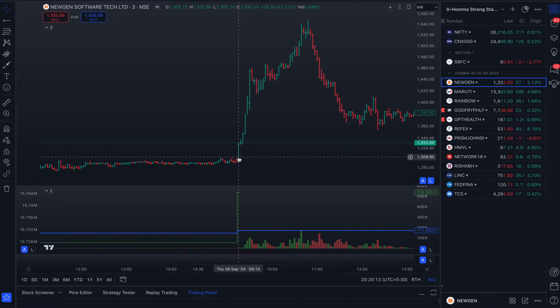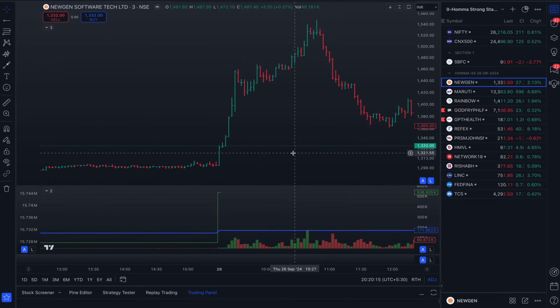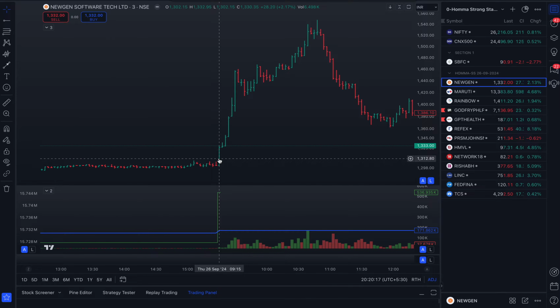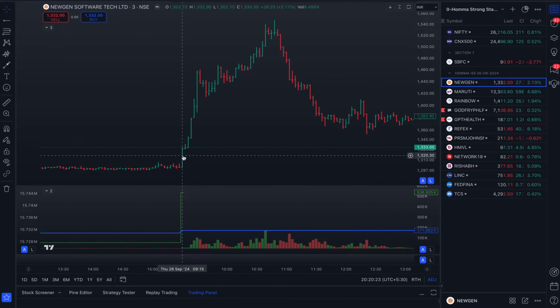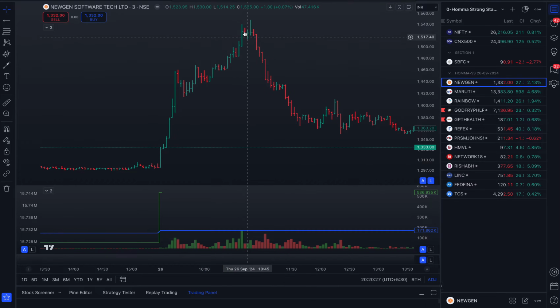And then today, the first 9:15 candle was a huge candle, huge money, 2.2%, 2.17%. That means it's very significant volume and a significant price move. And then what you do is you clip it here.